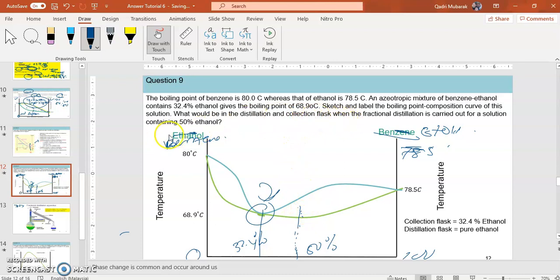From there we can determine that our collection flask will contain 32.4% ethanol, and our distillation flask will have pure ethanol. So here is how we read this kind of graph, how we answer this kind of question.